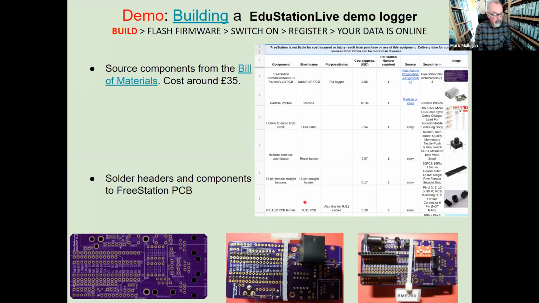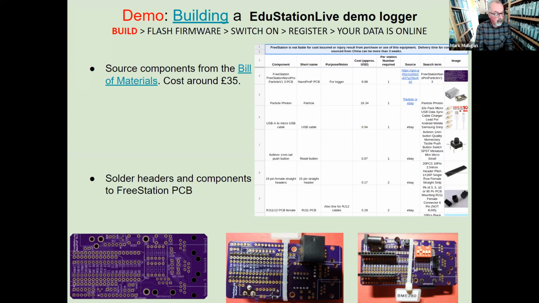So just to provide a bit more detail on the process of building the classroom demo, which is the simplest data logger, there are, as I indicated on the previous slide, a few steps. The first one is to build the thing. You then need to upload or flash the firmware, which is the software that the Particle uses.